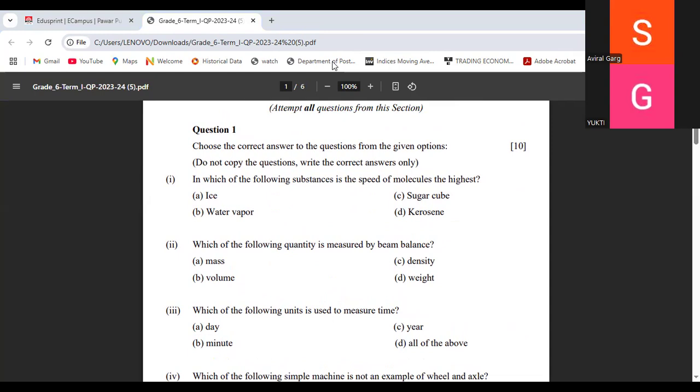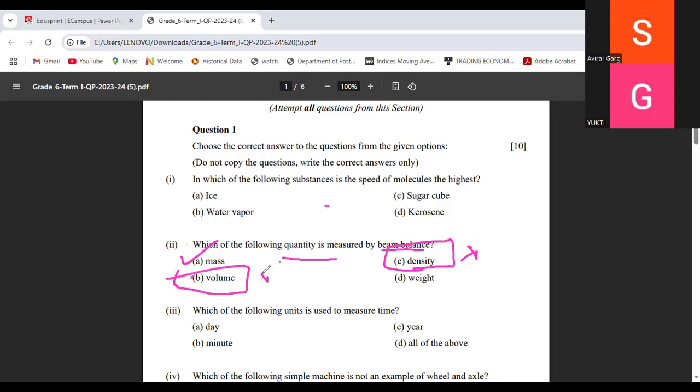Yes. So the first question is, which of the following quantities is measured by beam balance? So beam balance, check your notes if you don't know. So the correct answer is mass. Why? Because density is not a quantity which we have learned.